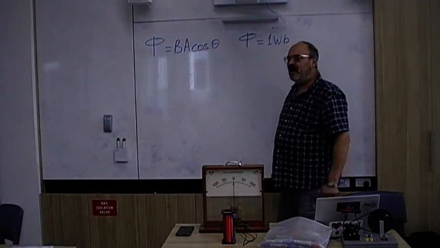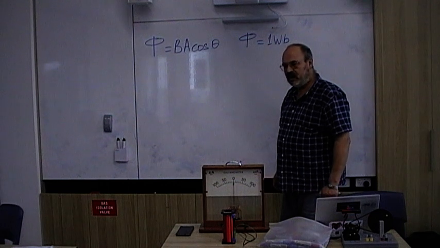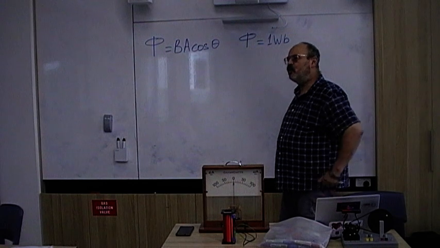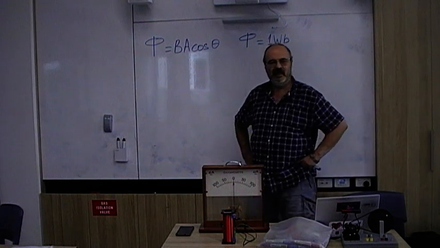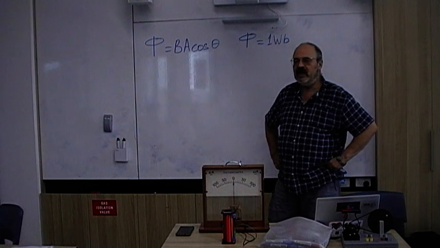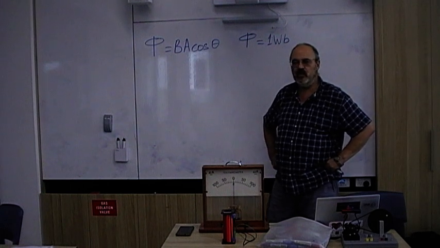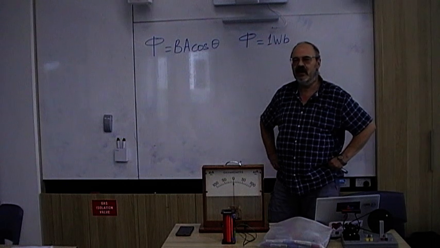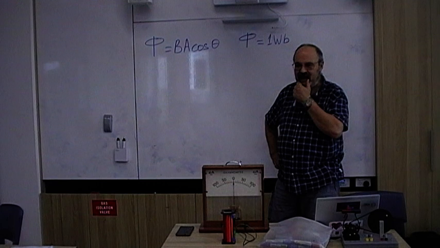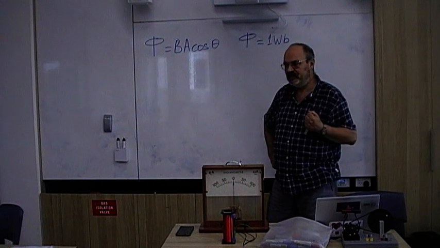And what Faraday discovered is that EMF... now what is EMF? Let's recall from last year. It is voltage, electromotive force, but we use the word EMF, not voltage, when we talk about the voltage of a power source.